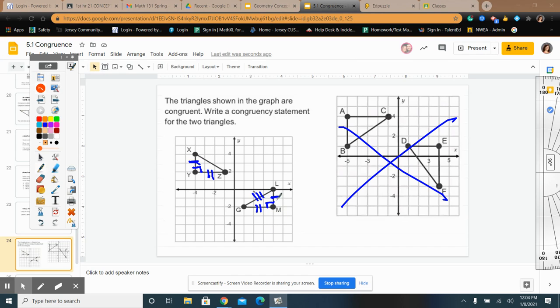So the one between the 1 and the 3, this one I didn't even put the 3, X, we're going to put between the 1 and the 3 here with the L. Okay? The one between the 2 and the 3, G, is going to go with Z, and the boxes go the same. So we know they're congruent. Name the first guy whatever you want. Let's name it XYZ.